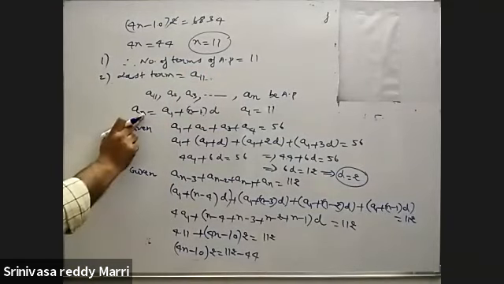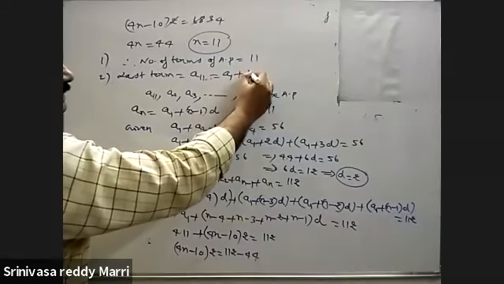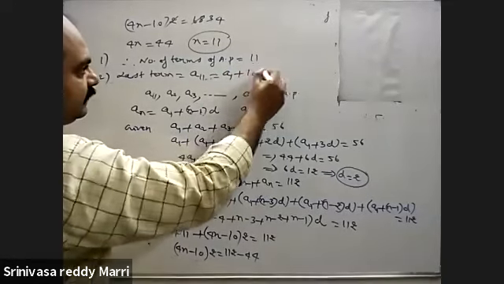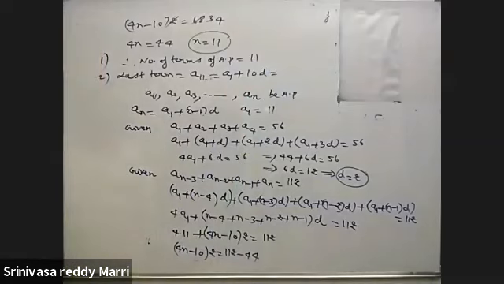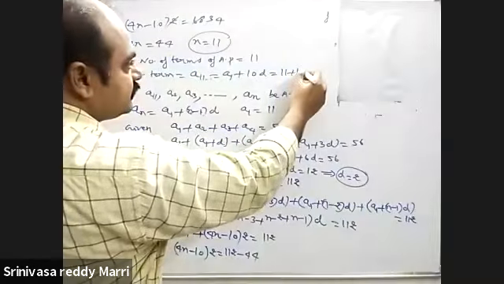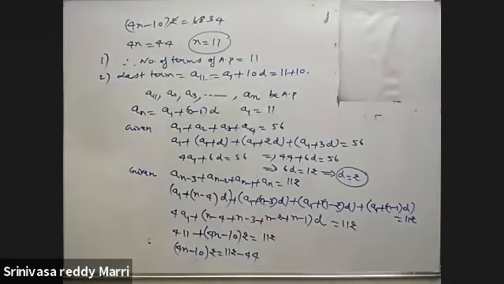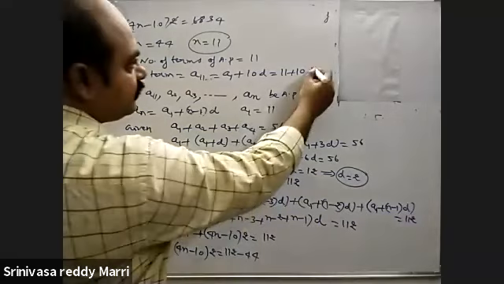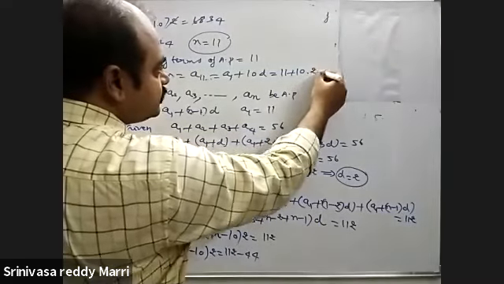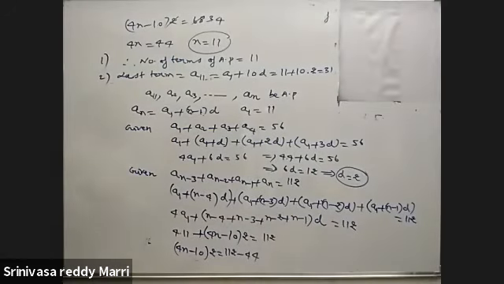So in an, substitute 11. A11 is nothing but A1 plus 10d, which is 11 plus 10 into 2, that is 20 plus 11, 31. That is the 11th term.